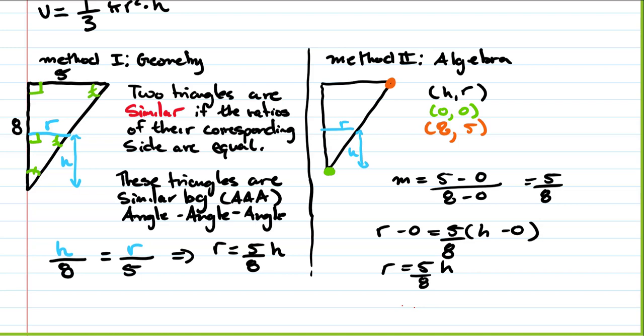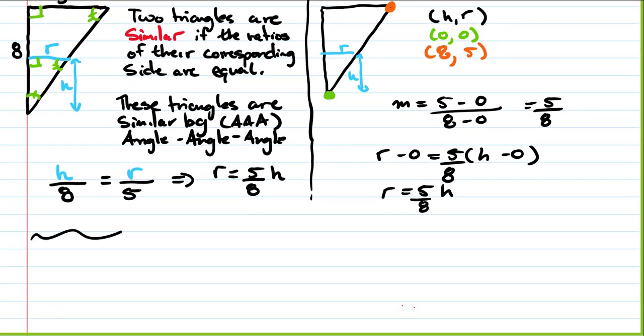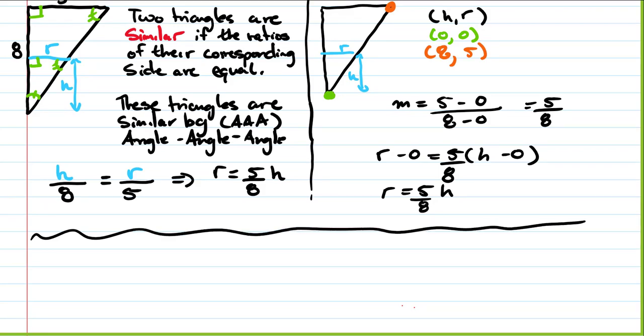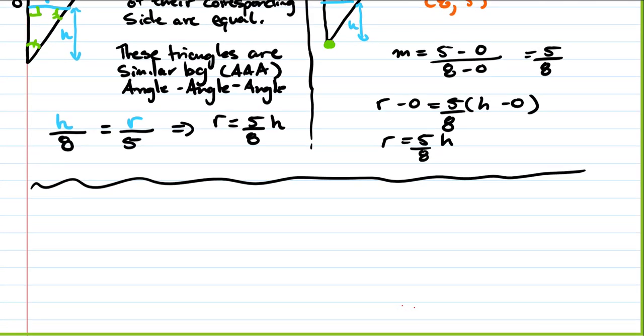So same thing, right? One using algebra and coordinatizing the relationship between the two things. The other is using geometry and the fact that we had similar triangles. Both methods are valid. Whichever one makes you happy is the right way to do this problem. So either way, we now know that r is 5/8 of h.